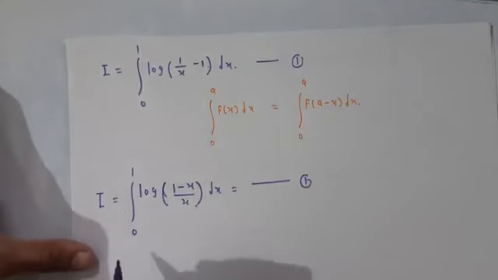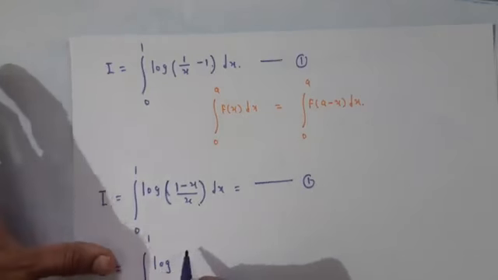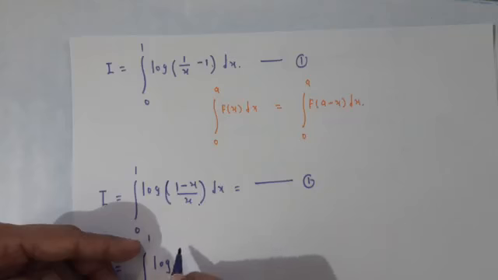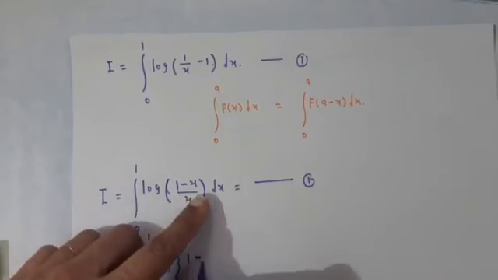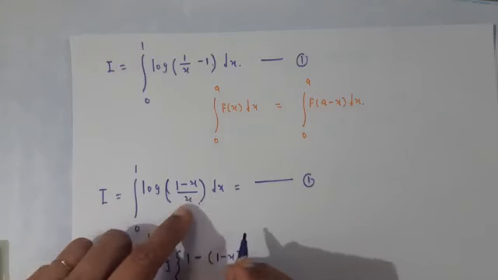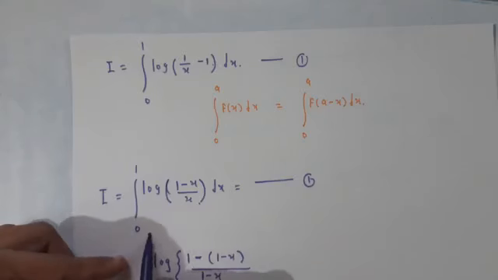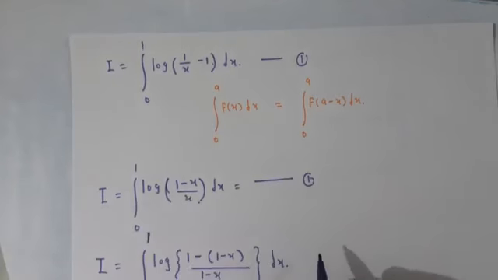By using this property, I equal to 0 to 1 log of, this 1 will be as it is, and this x will be 1 minus x, and again this x is 1 minus x because a minus x, a is 1 here.